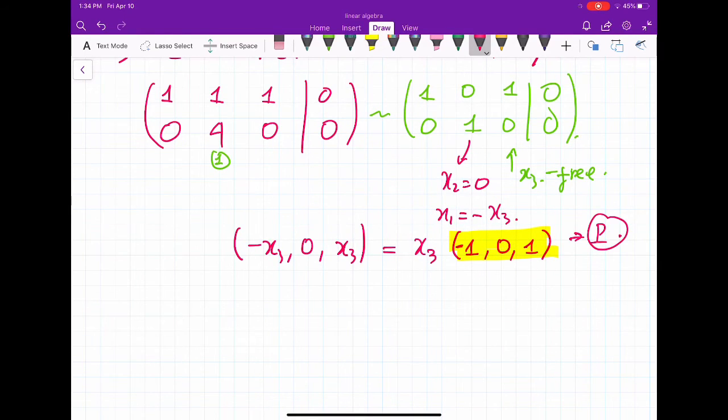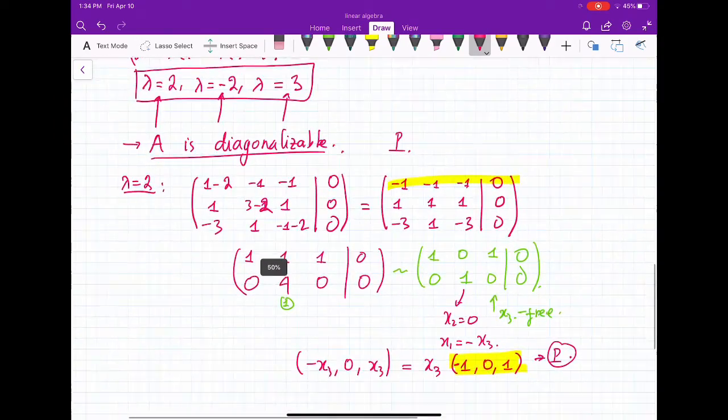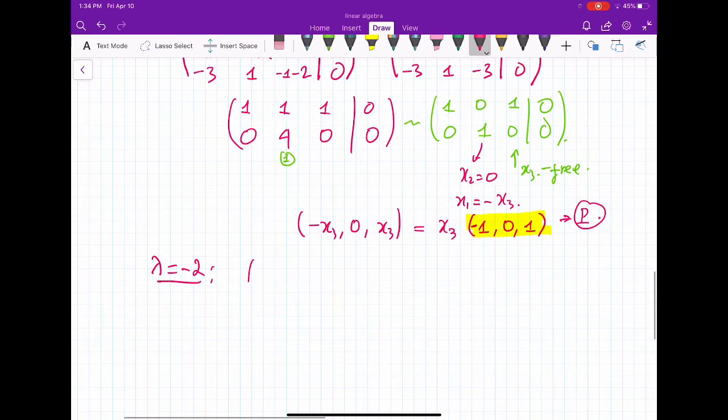Now let's move to the next eigenvalues, which are -2 and 3, right? Let's say lambda equal to -2. So I have the following matrix: 1 minus -2, -1, -1, here I have 0, 0, 0.